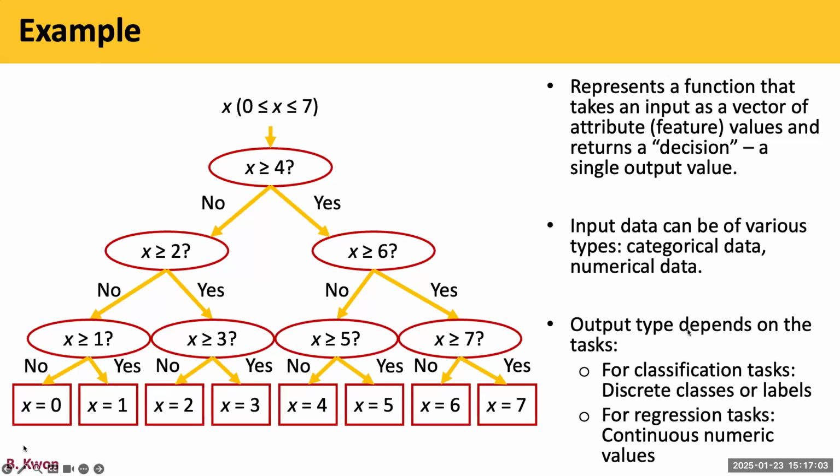The output depends on the task. For a classification task, the final output can be discrete classes or labels, like red color or blue color. For a regression task, the final output would be numeric values, like 7 or 7.6.